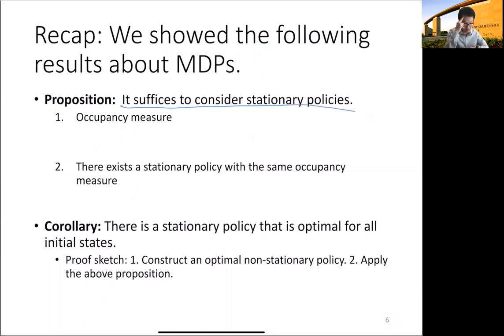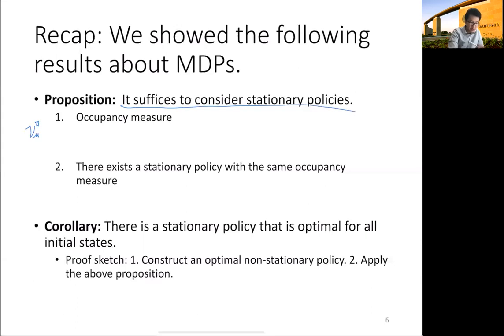Let me quickly remind you what the arguments were, because the proof not only establishes this proposition, but also introduces several interesting ideas and interpretations of the problem of MDP planning. First of all, the key idea is the so-called occupancy measure, which we denote as nu pi, when the initial distribution is mu.